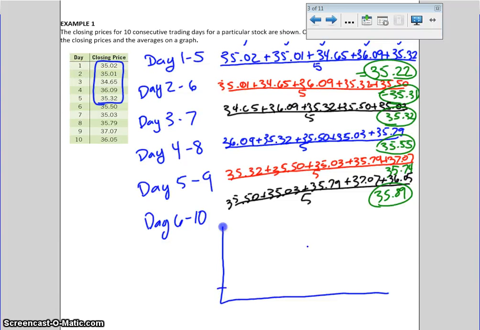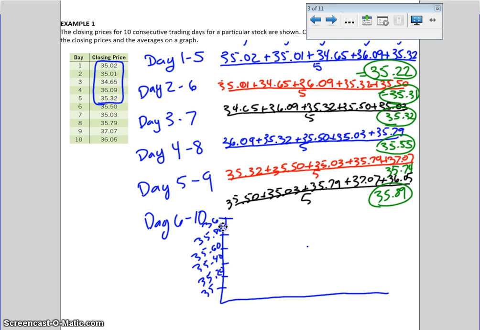So if I had, say, 35 here, 35.20, 35.40, 35.60, 35.80, and 36, then I look at just graphing them.